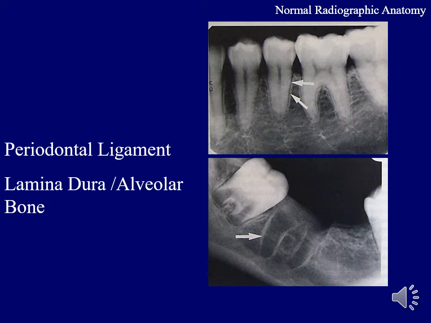This lamina dura can appear disrupted; a break in the lamina dura is seen due to superimposition of cancellous bone or small nutrient canals passing from the marrow spaces to the periodontal ligament.